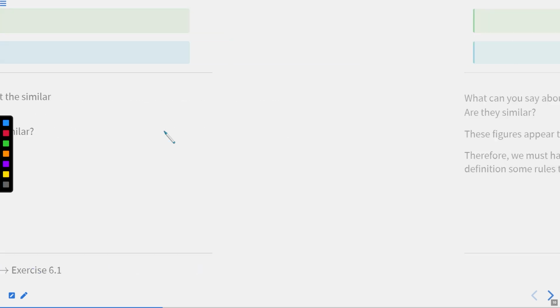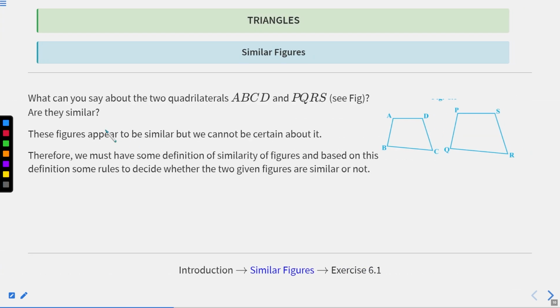Now what can you say about the two quadrilaterals ABCD and PQRS? Here we are given two quadrilaterals, ABCD and PQRS. Are they similar? These figures appear to be similar, but we cannot be certain about it.